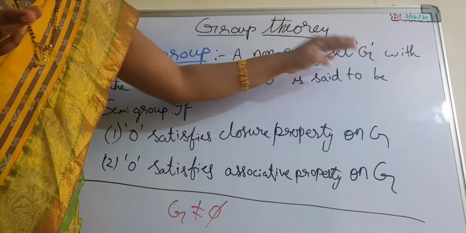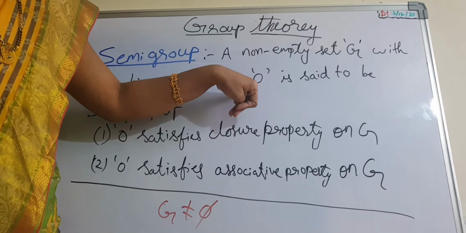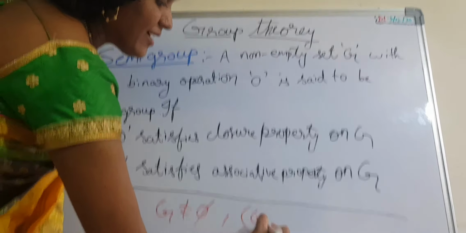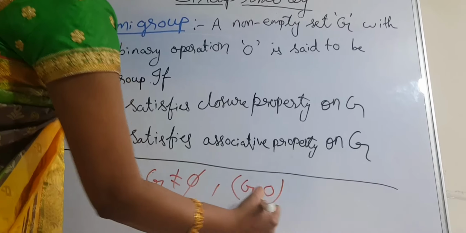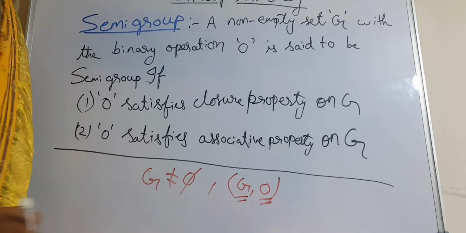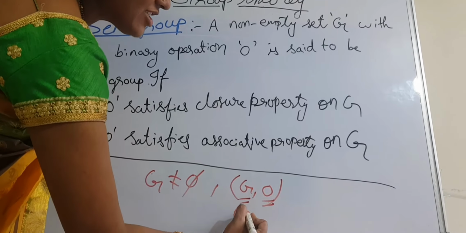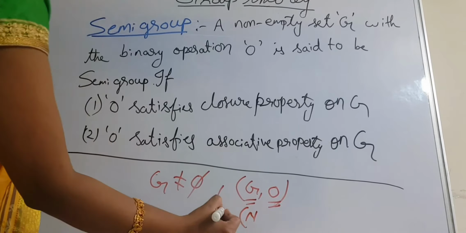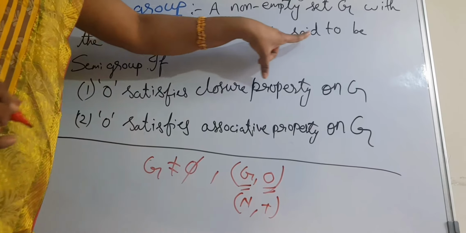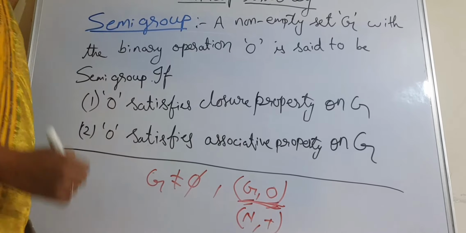With the binary operation, any operation you can take. G circle, where G is a set and circle is an operation. Suppose G is the natural numbers and circle is plus. When will we call G circle a semi-group?